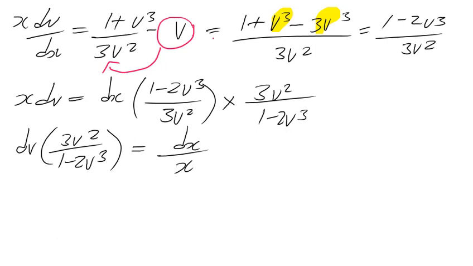Let's take the left hand side first. The left hand side is a bit tricky, so we're going to solve it separately. The right hand side will be, when you introduce the integral sign on both sides.